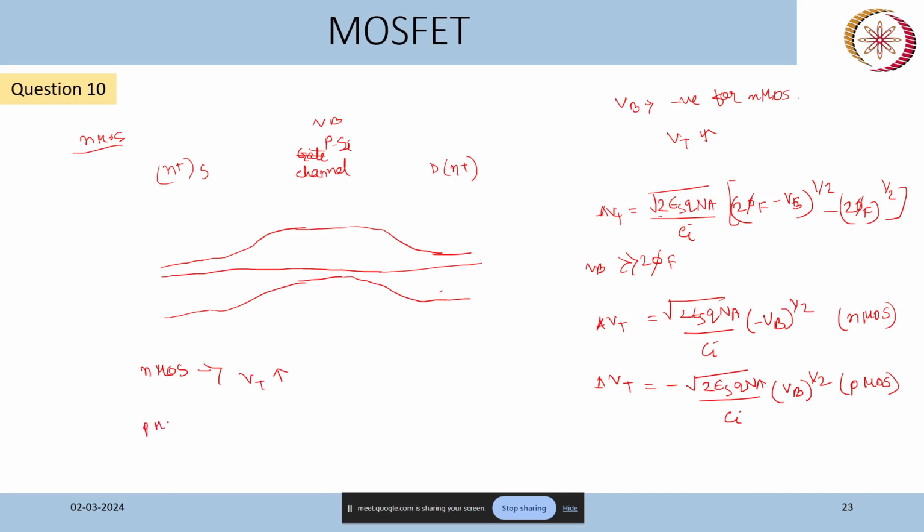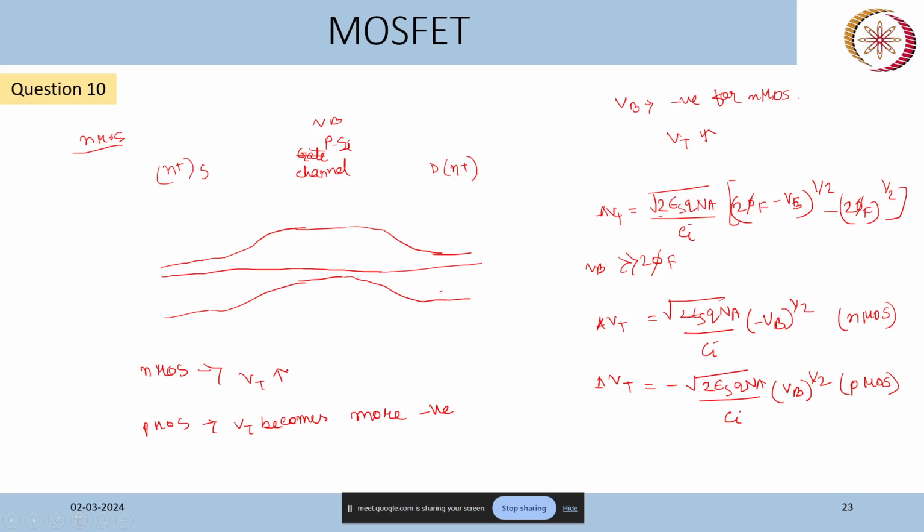For PMOS, VT becomes more negative. VB is positive here, so delta VT is negative, and since VT is already negative for PMOS, it becomes more negative. So you got the idea how body bias is used to change the threshold voltage.